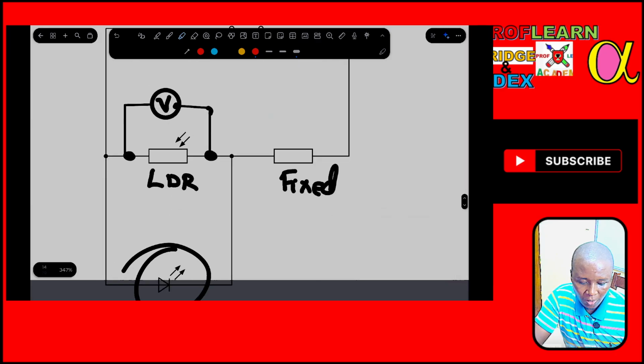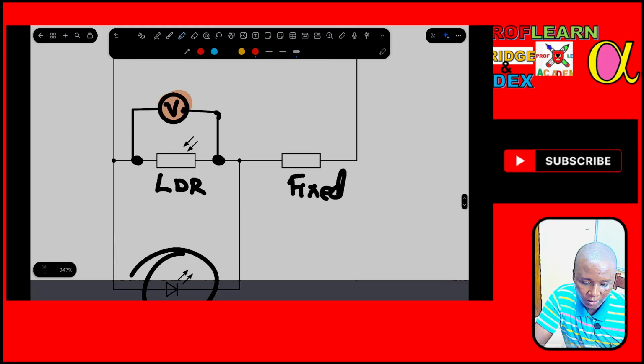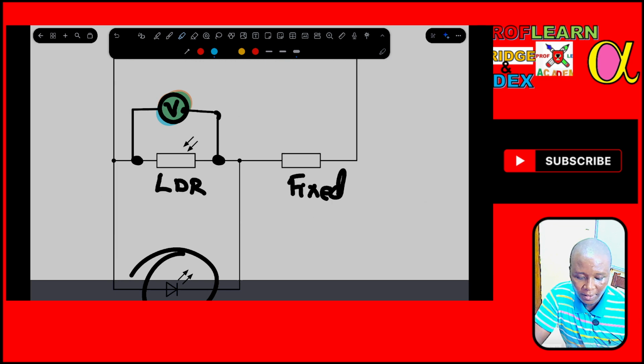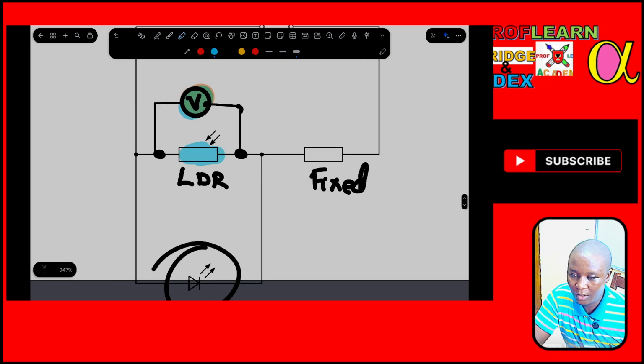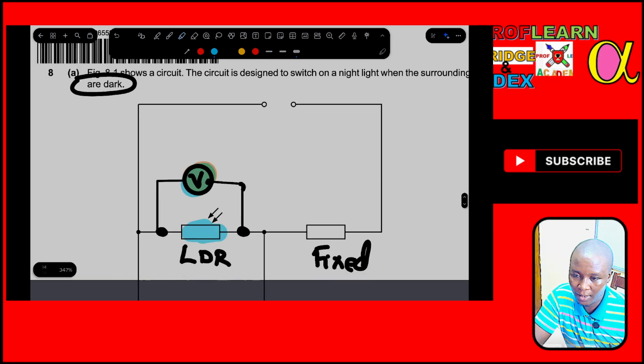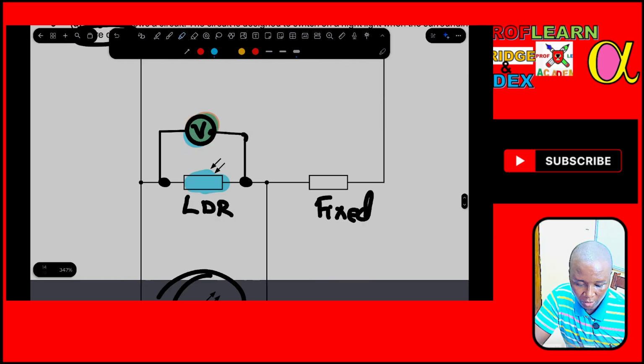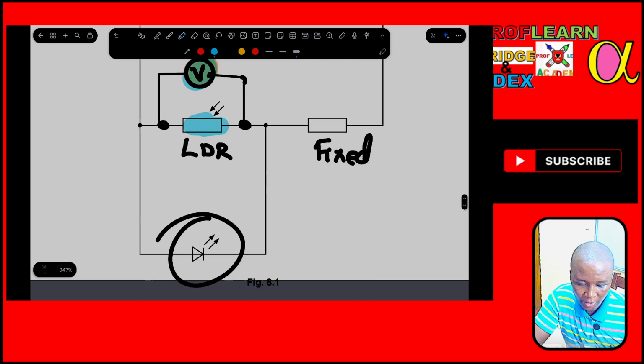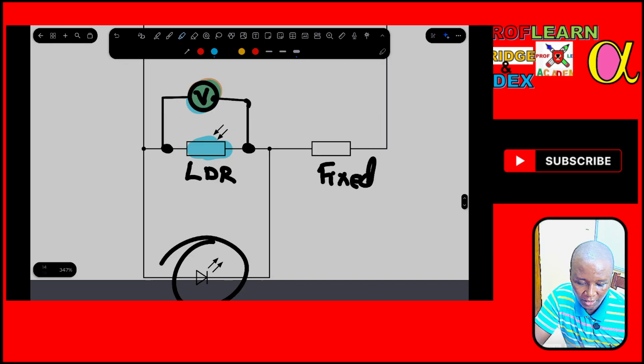Candidates were supposed to add a voltmeter to indicate how the PD across the LDR, the light dependent resistor, can be measured, and that's exactly what candidates were supposed to do in this particular section of question number 8. Also, when it becomes dark, the resistance of this device is going to increase.